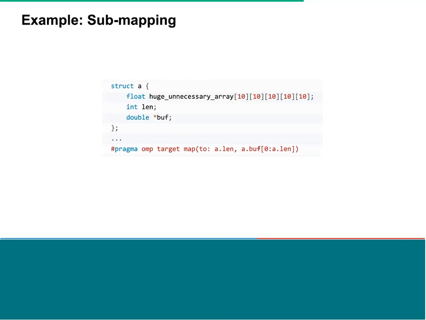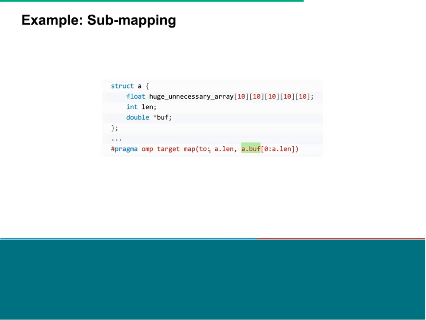So an example of this, and as of the most recent TR is something that you can do, is rather than having this say map to A, which would map the entire struct, or an entire copy of that struct, say. You don't want to be mapping huge unnecessary arrays unless you absolutely have to, right? So implementations are allowed to map only pieces of structures where only those pieces are named.